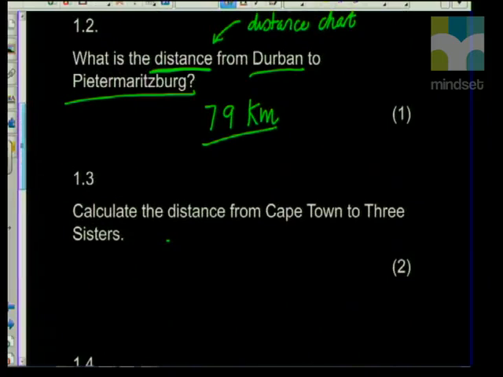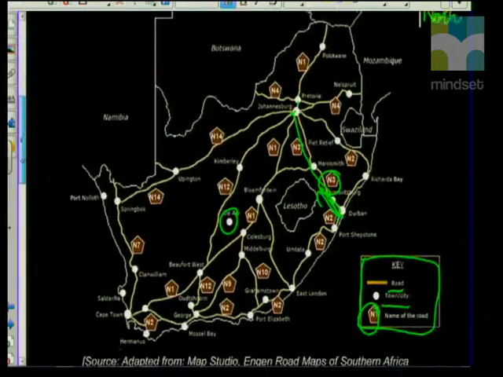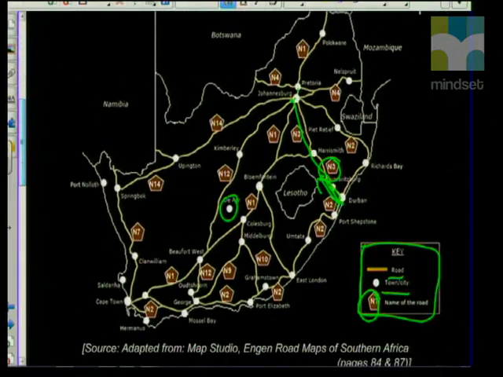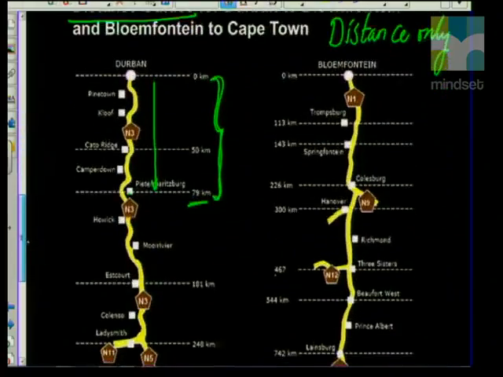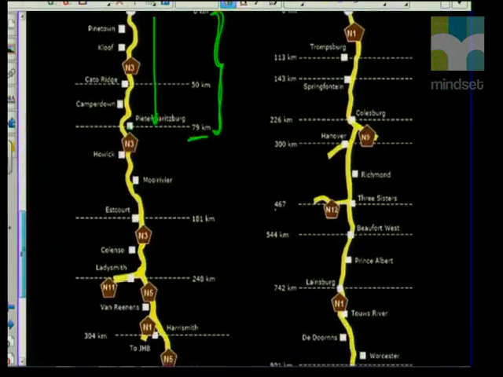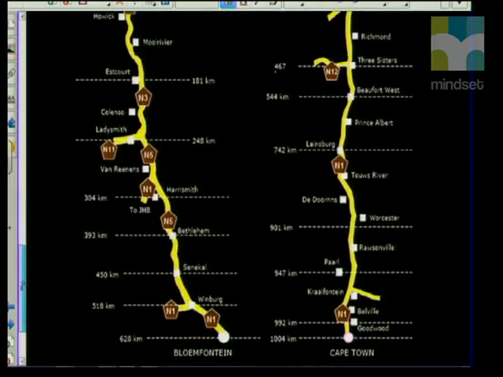Right, question 1.3. Calculate the distance from Cape Town to Three Sisters. Now, if I look back at my map, I first of all look at this map and I can't see any information on here about distance, so I need to go back to my distance map, and I see that I want to work out from Cape Town to Three Sisters.